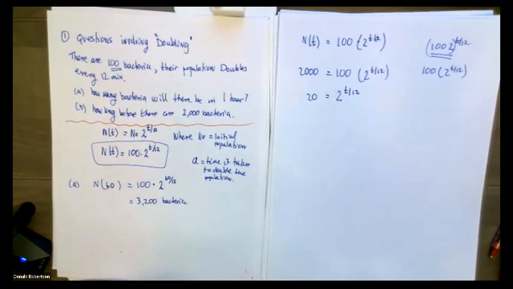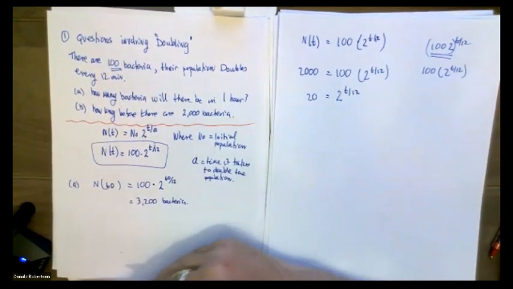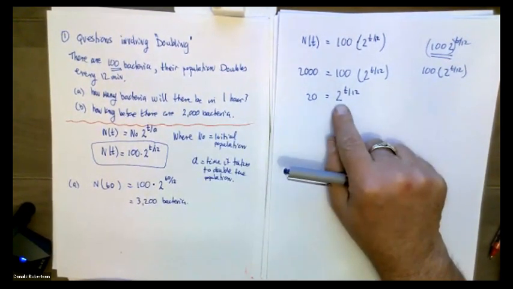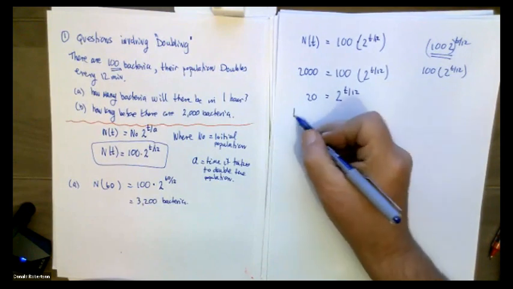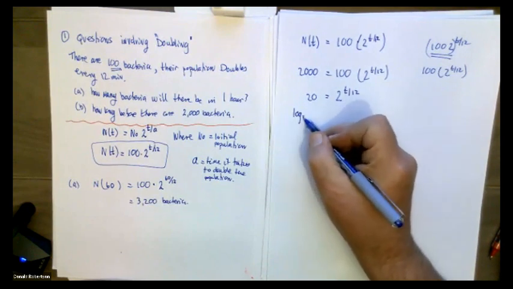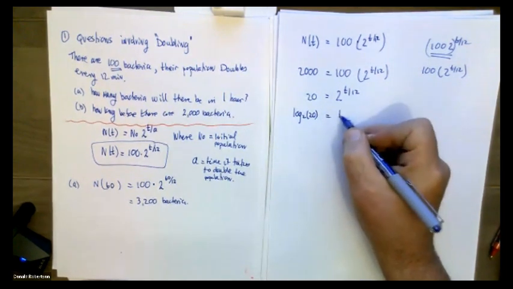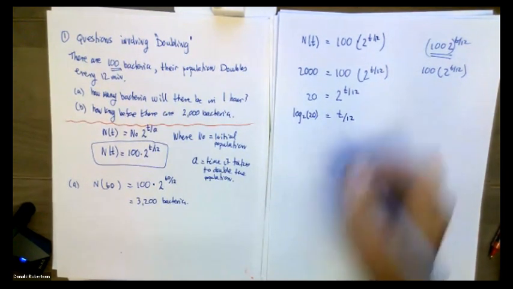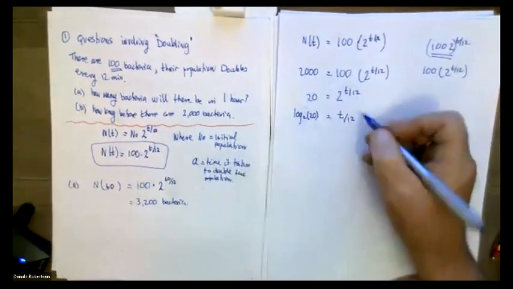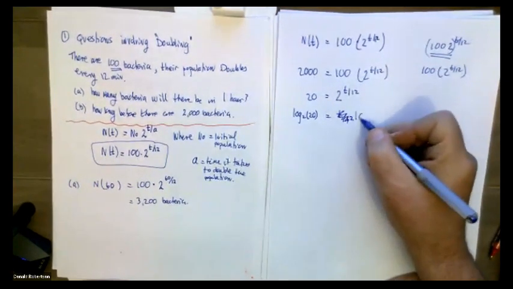What I'm going to do now, because we've already seen questions where you have to solve exponential equations, is use the fact that this is a power of 2. So I'm going to take the log to base 2 of 20 equals t over 12. Technically, I skipped a line there.